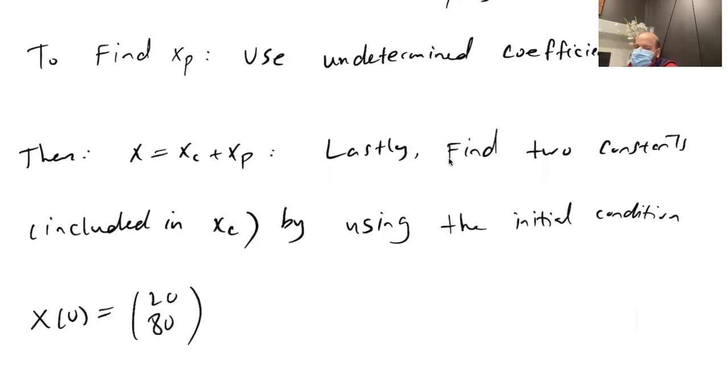If you write the initial condition, then you will see that you have two equations with two unknowns, let's say alpha 1 and alpha 2, your constants that are included in xc. You can solve that system, find alpha 1, alpha 2, and once you do that, then you will have the unique solution, which was written in this form. There were two constants involved in xc, and you already found them with the initial conditions, and then you have the final answer.